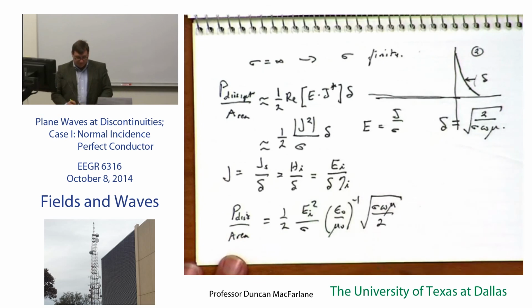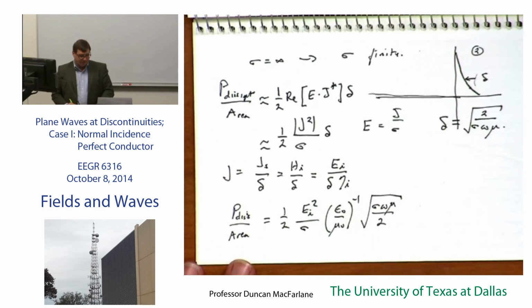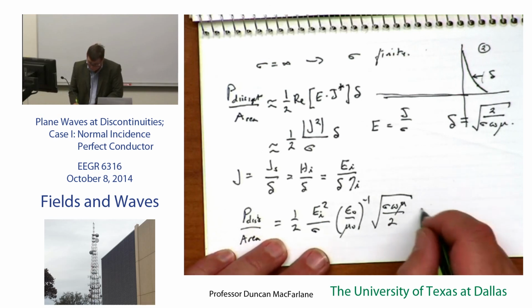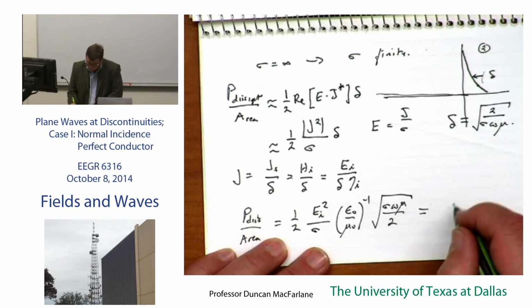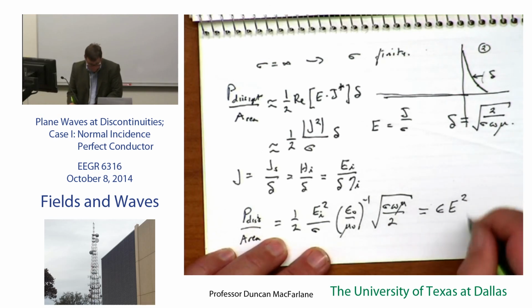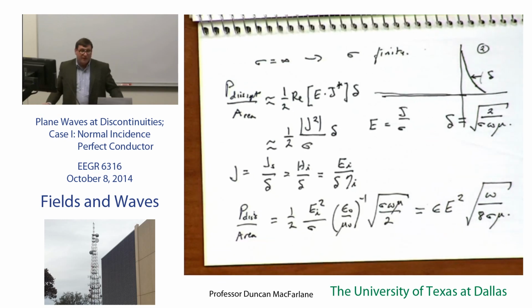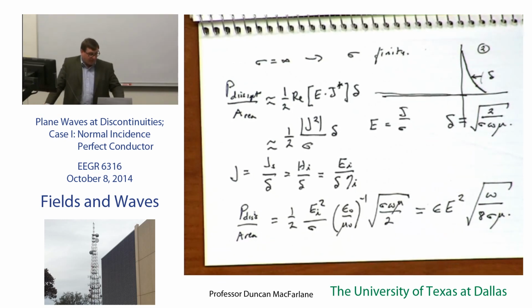Just collecting all these material constants. And that's equal to epsilon E squared times the square root of omega over 8 sigma mu. Okay?